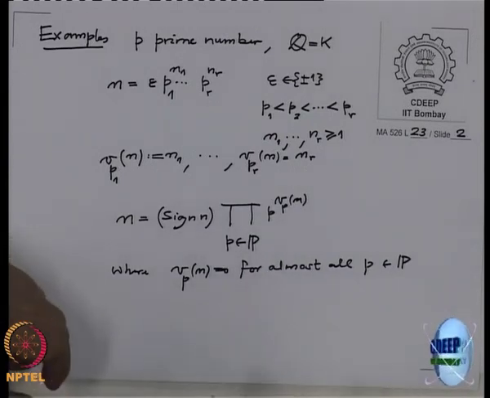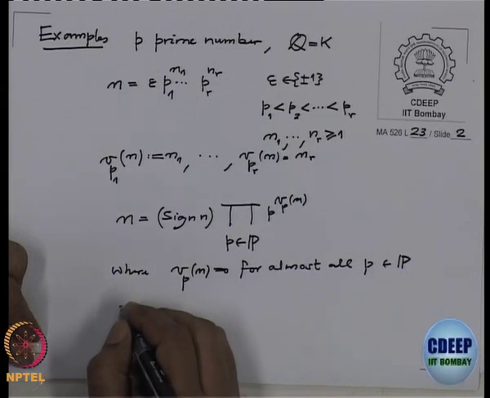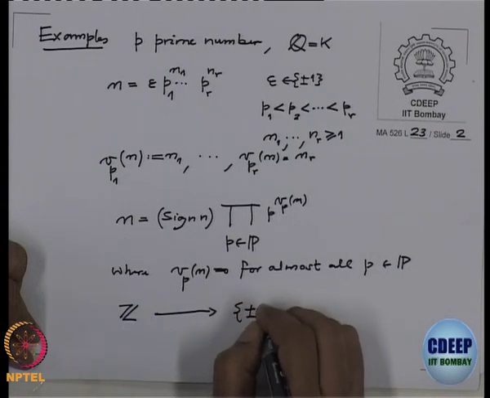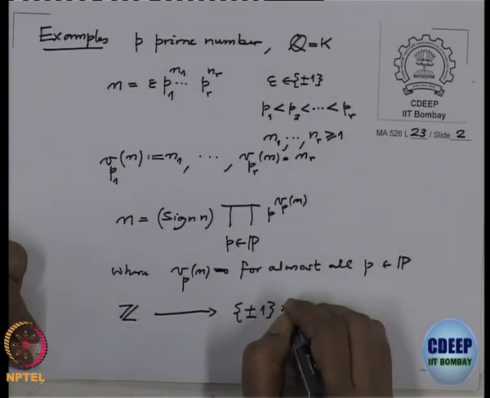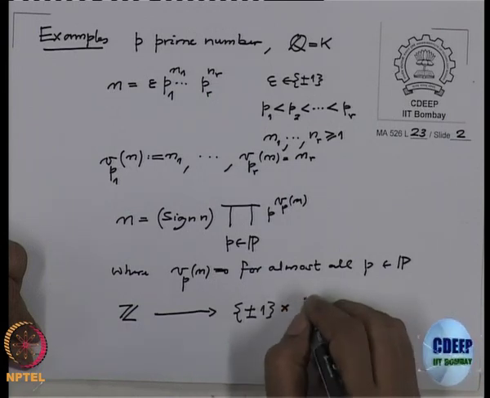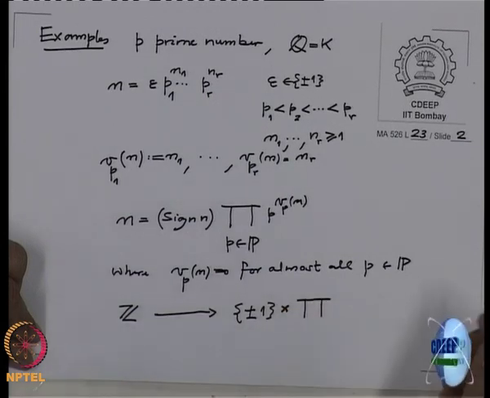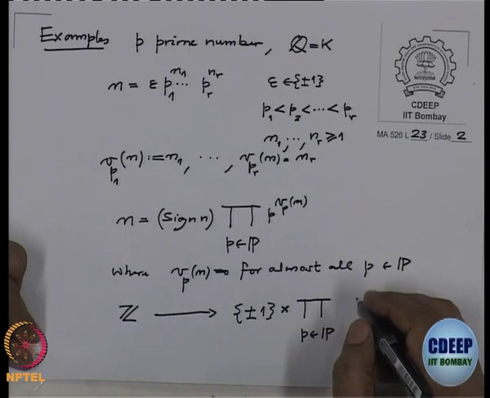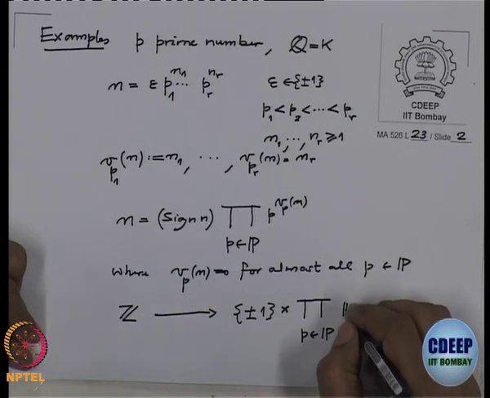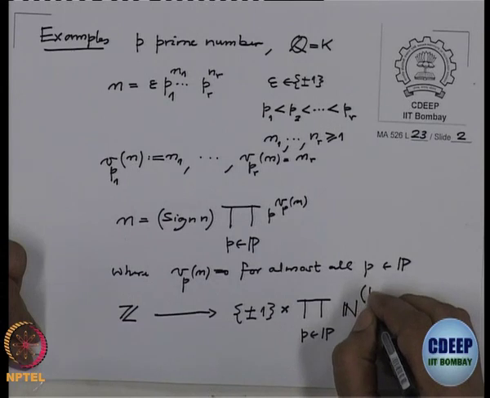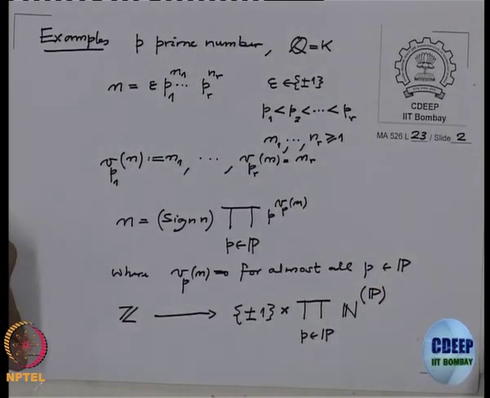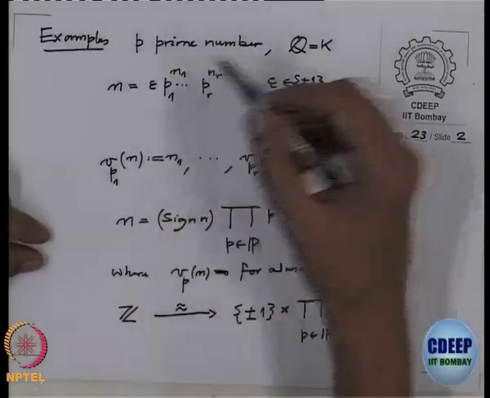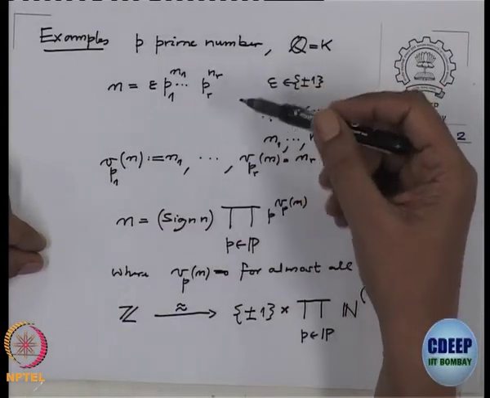This also gives you a nice identification of Z with the plus minus 1 group times the product running over P of N power round bracket P. This is an isomorphism. So these VPs are the standard discrete valuations.